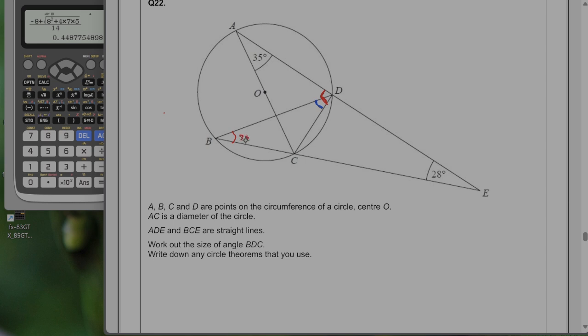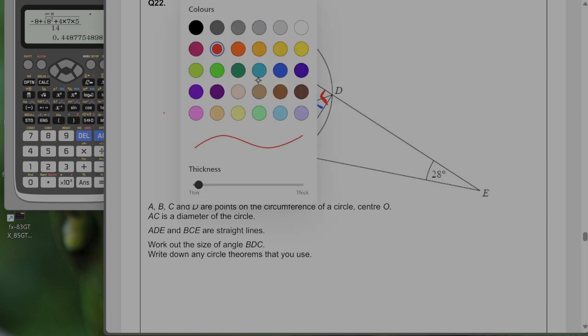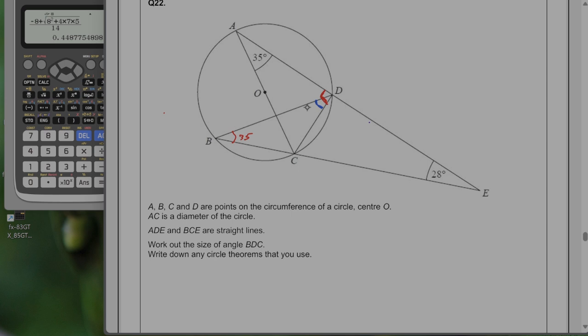So I'll put 35 in there for now. Right, let's work out this angle here. And once I've got these two angles, I can work out this angle. And then I can use that to work out the final one.